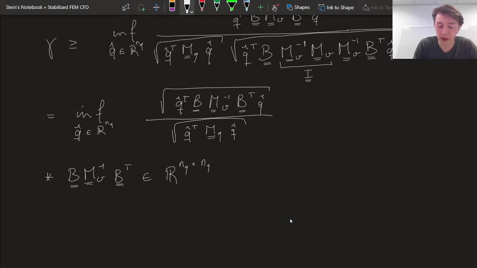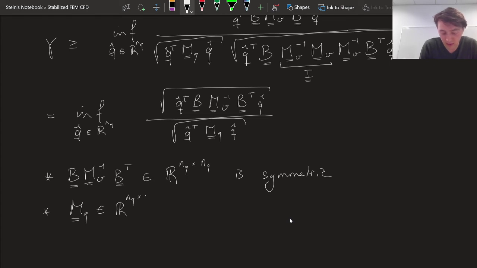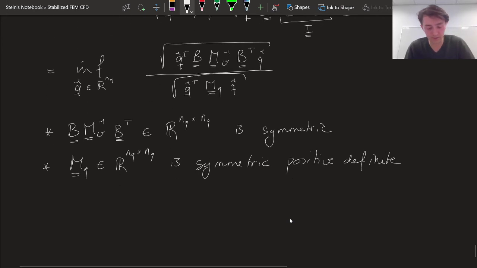Because I have to pre and post multiply it by q. And also M_Q is also a matrix in that space, R^{n_Q × n_Q}, symmetric, positive definite.